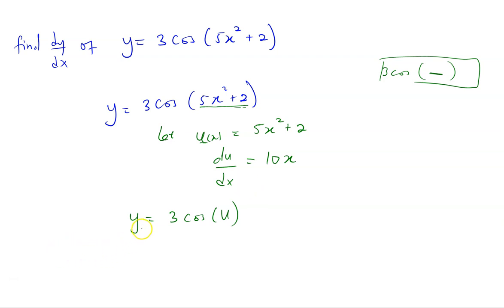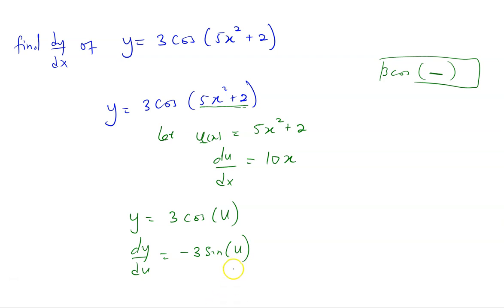In that case, y is equal to 3 cos u. So here, finding dy/du is very simple. What is dy/du? dy/du is simply going to be negative 3 sin u. I believe you agree. Yes, negative 3 sin u.